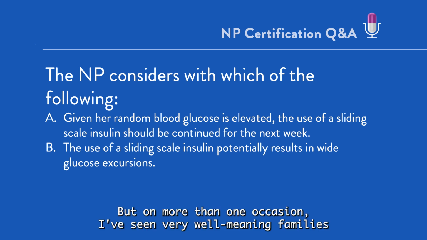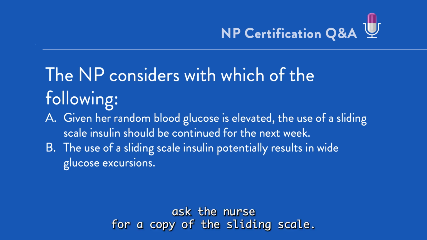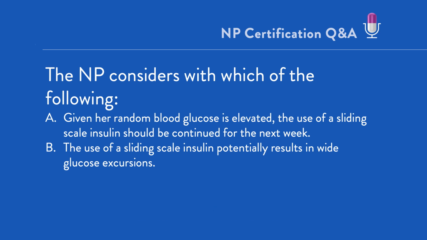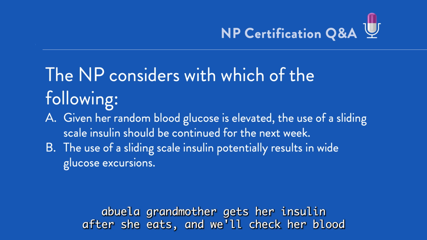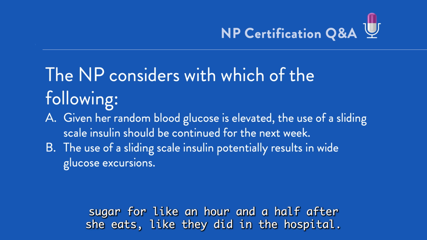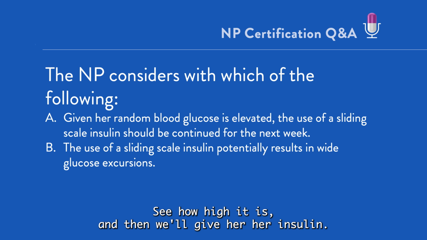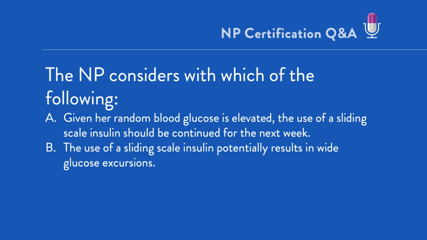But on more than one occasion, I've seen very well-meaning families ask the nurse for a copy of the sliding scale, and then once they get home, they say, "Oh, okay, we're going to make sure abuela, grandmother, gets her insulin after she eats, and we'll check her blood sugar like an hour and a half after she eats, like they did in the hospital, see how high it is, and then we'll give her insulin."